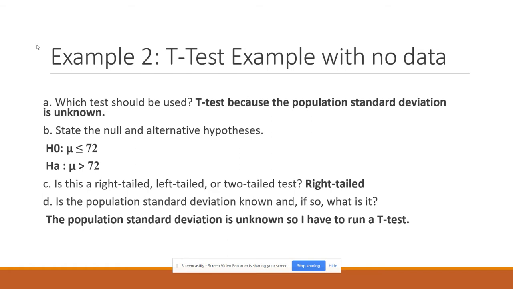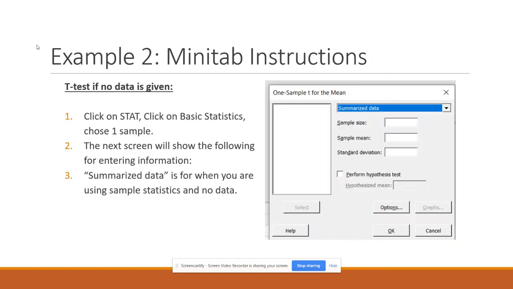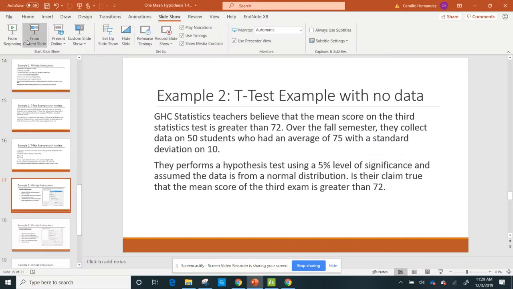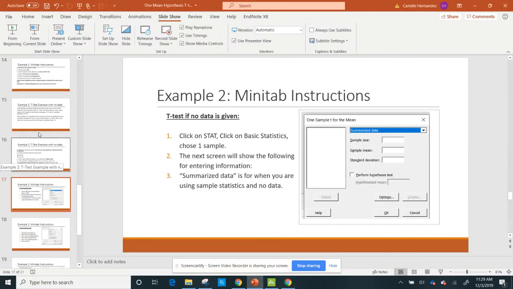Is it a right-tailed, two-tailed, or left-tailed test? It's right-tailed, because the greater than symbol is in the alternative hypothesis. Again, there's no population standard deviation, so I'm going to run a t-test. I was given a lot of information, so let's look back at what I was given.